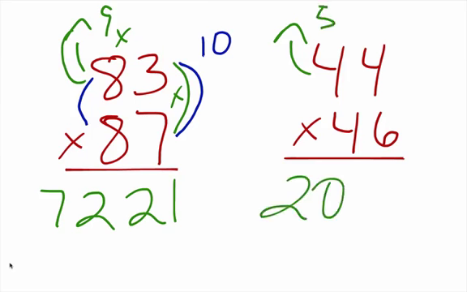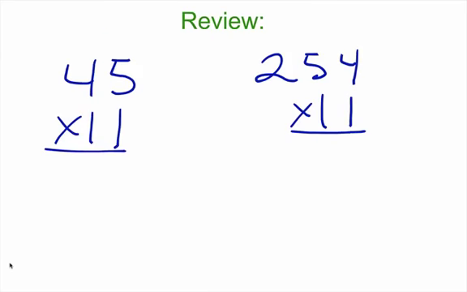Multiply that, we get 20, right? 5 times 4 is 20. And then 4 times 6 is 24. So there's your answer right there. We multiply the first number times the next number up, and then the back digits, 4 times 6, and we get 24. We see that? Pretty simple.